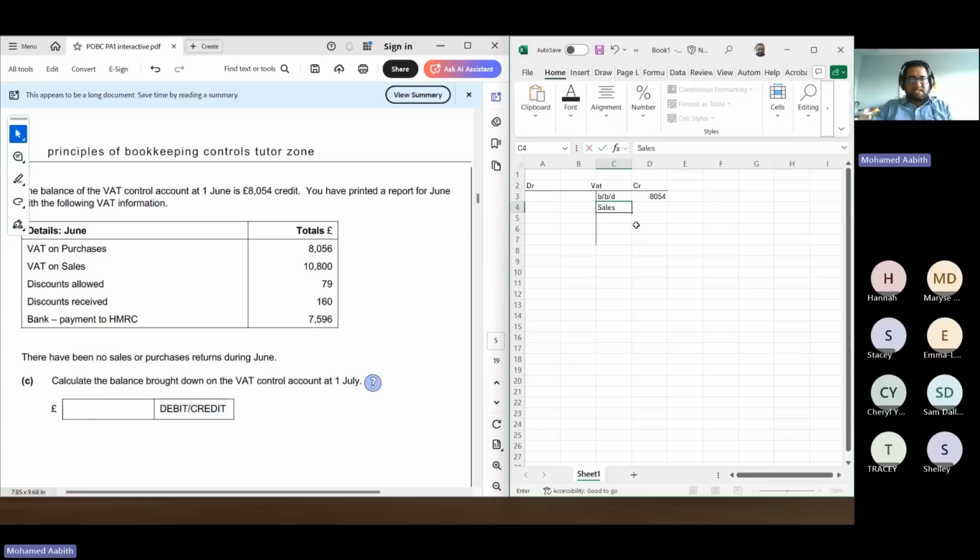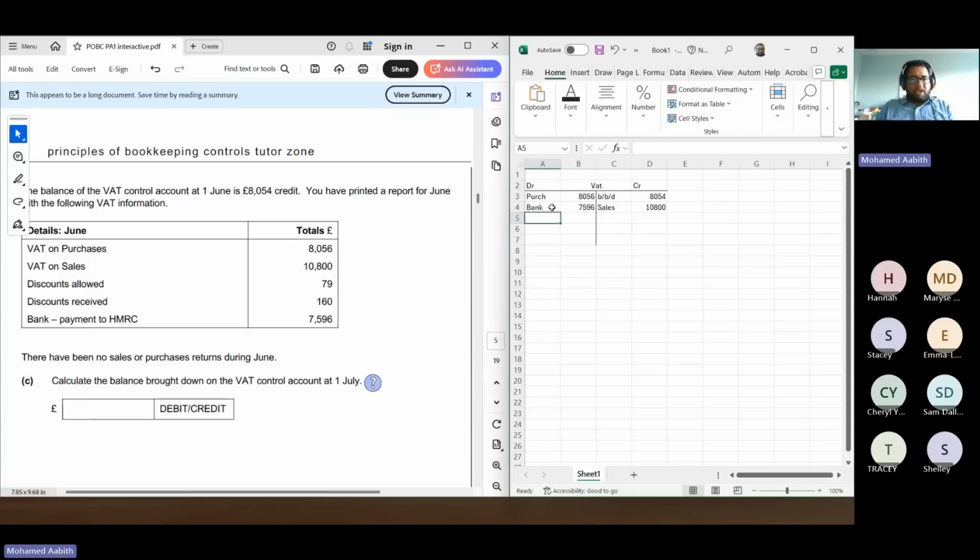The sales day book is 10,800, and then here VAT on purchases is going to be 8,056, and they're also saying payment to HMRC, that's going to be bank, which is 7596.